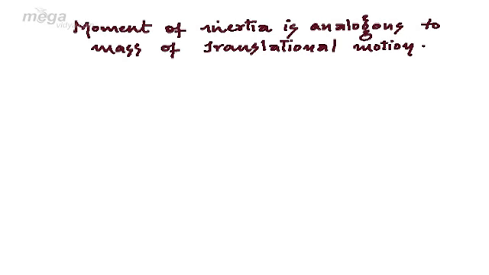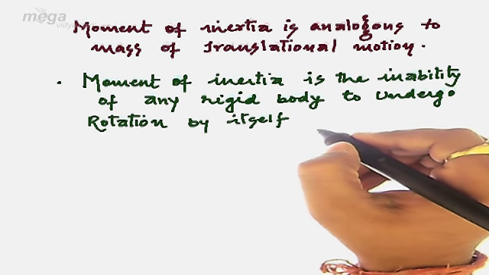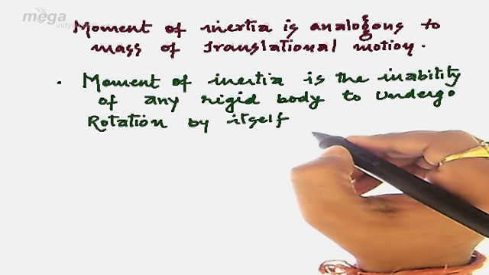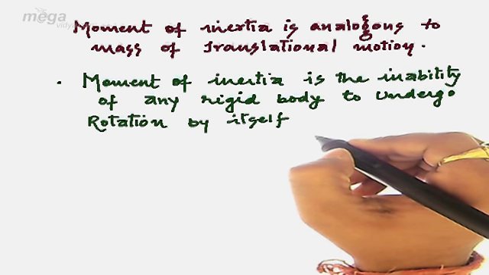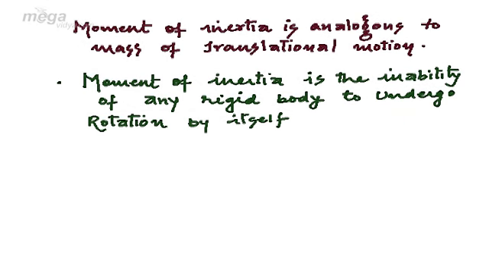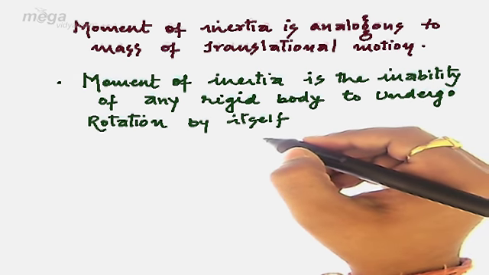Defining it formally, moment of inertia is the inability of any rigid body, as you have studied earlier, to undergo rotation by itself. As I have already stated, moment of inertia is analogous to the mass of translational motion.